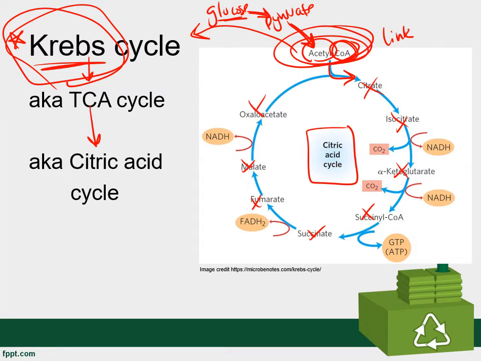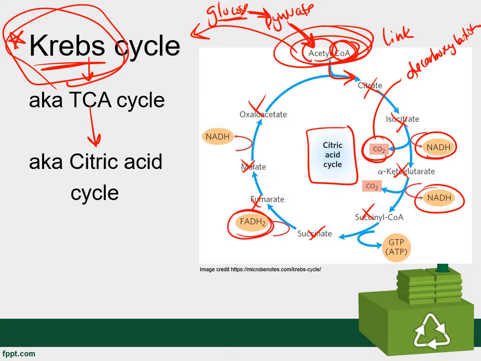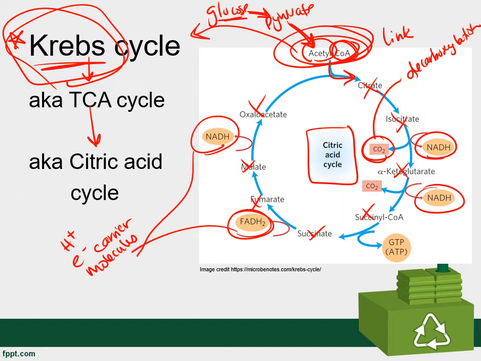What we need to know is that we're going to do some more decarboxylation, because we're chopping off those CO2s. We're also going to make some more NADH. And now we're going to add this other molecule, FADH2. The NADH, the FADH2, these are all electron carrier molecules. And again, I don't like that name because they also carry protons, proton and electron carrier molecules.